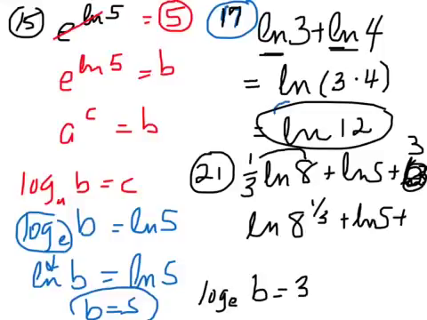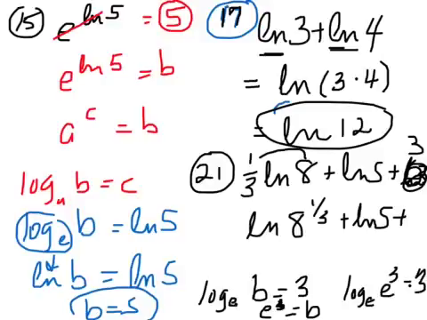So if we change this into exponential form, e to the 3rd power, I'm thinking I, C, a B, I'm just not going to write it down, e to the 3rd power is b. So log e cubed is 3.